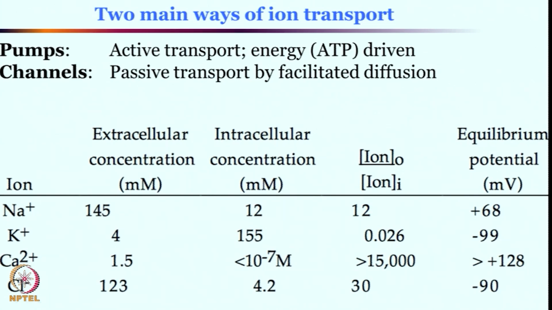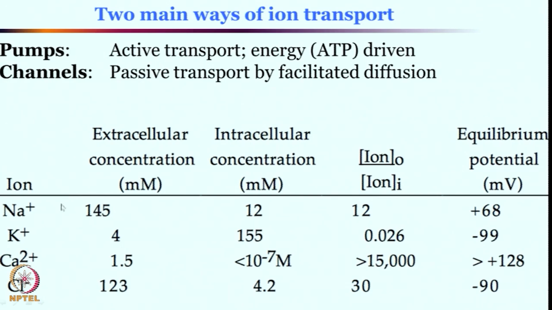You may have already noticed inside our cell different metal centers are present. These metal ions could be sodium, potassium, calcium or other anions such as chloride. But if you notice, extracellular and intracellular concentrations are completely different.